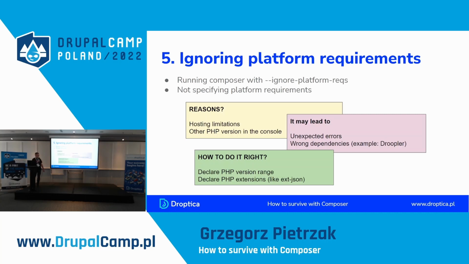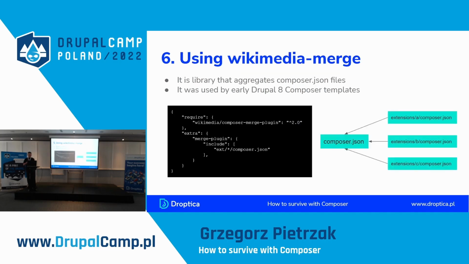And it's also a very good practice to declare the PHP version in your project, and also declare PHP extensions like JSON or cURL. So in this case, if you look at this project later, if you add some things to your Docker or local environment, you are sure that it's still working.